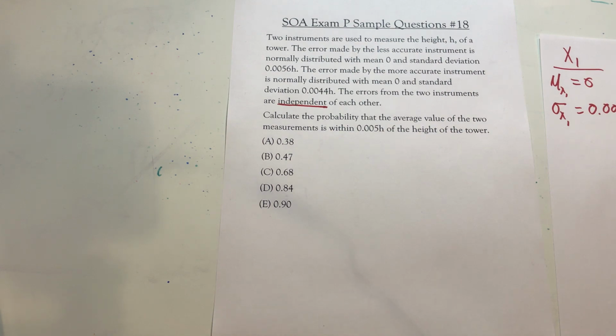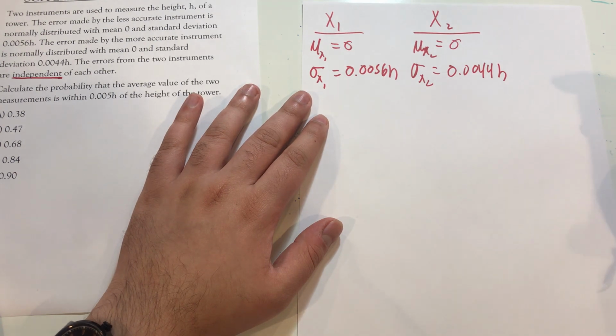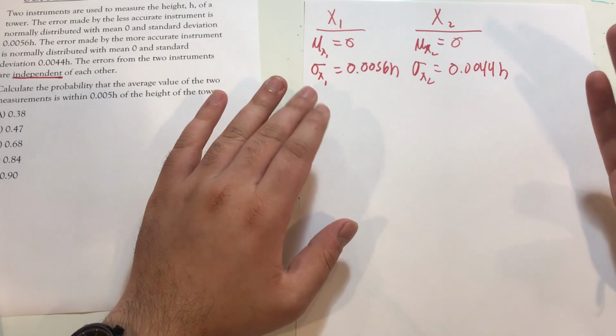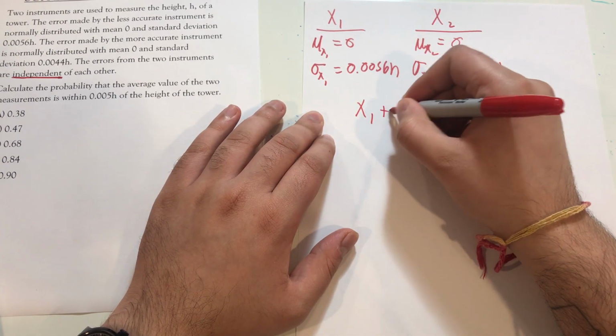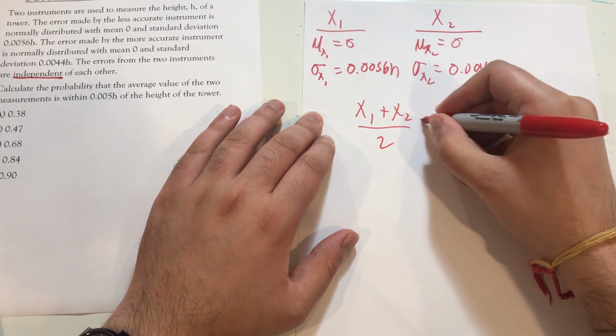All right. So because it's asking about, and I'll denote this as Y, the average of the two measurements, it's asking about the probability that (X1 plus X2) over 2 is within some range.